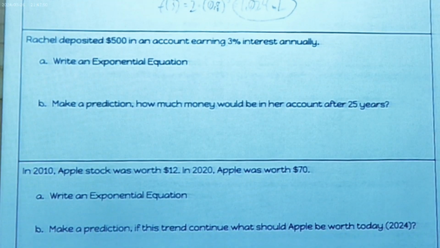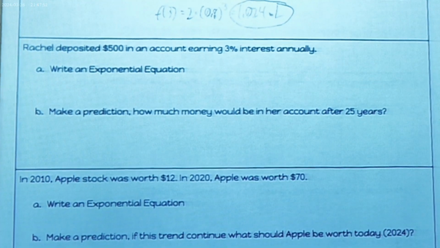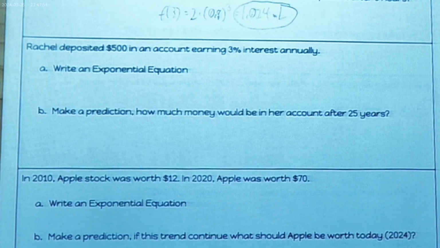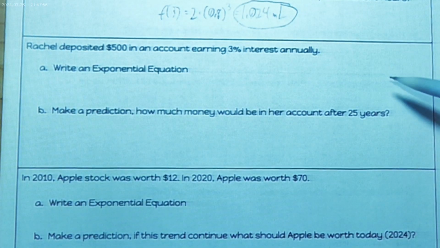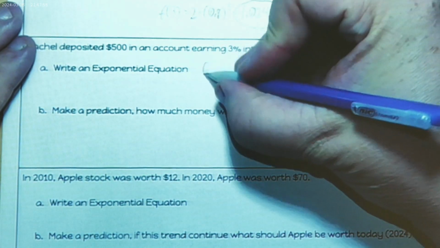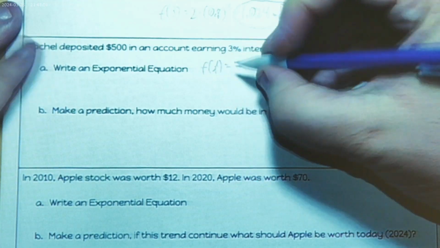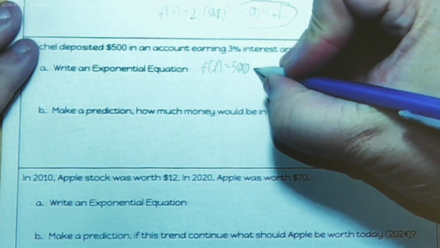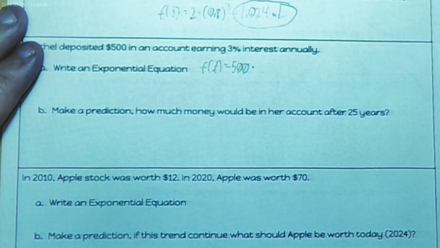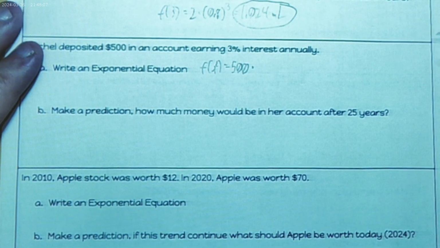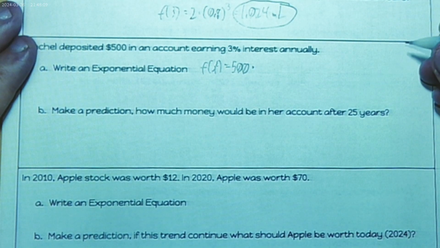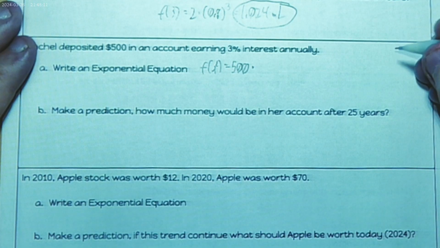All right, so Rachel deposited 500 into an account, earning 3% interest annually. So we're starting out with 500, and we're earning 3% interest annually. Earning 3% means that it's a growth rate of 3%.